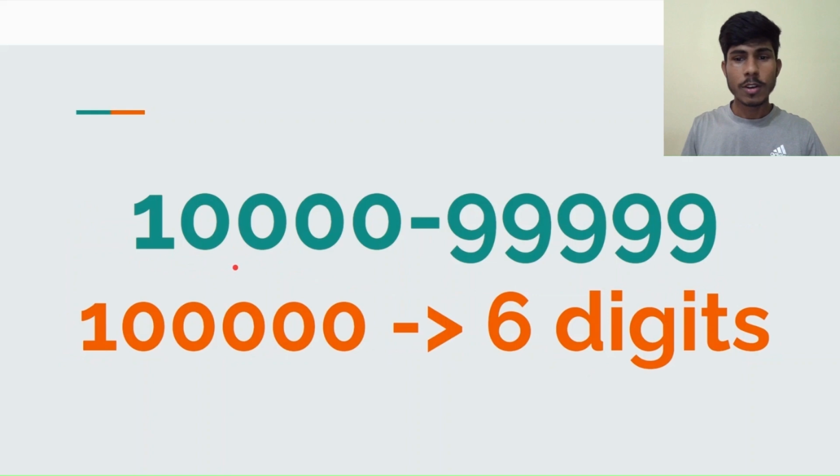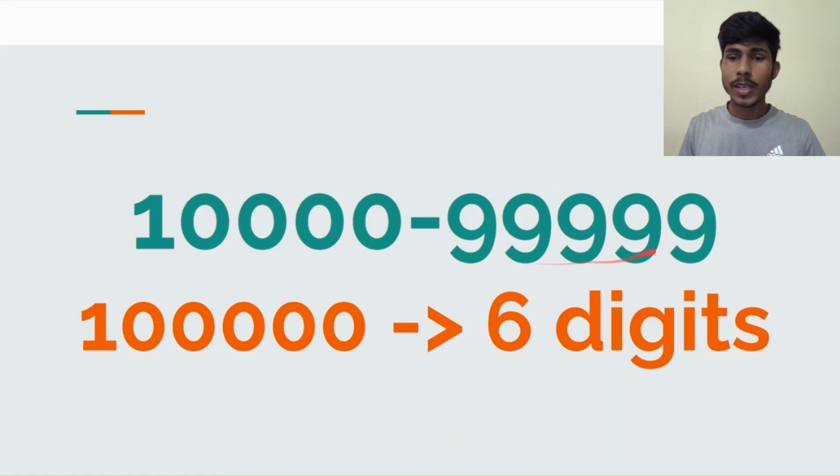And the next number is 10,000, and with 5 digits we will get all the numbers from 10,000 to 99,999. All these numbers from 10,000 to 99,999 will have 5 digits, and each number will be more than the previous number. So it will keep on increasing and reach up to 99,999.